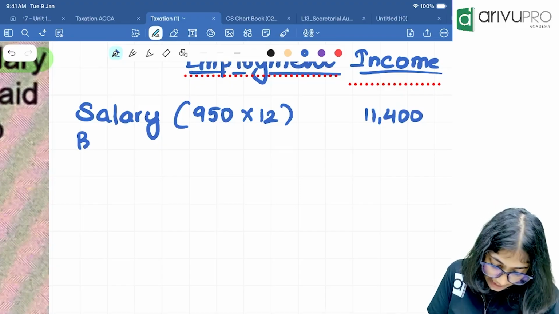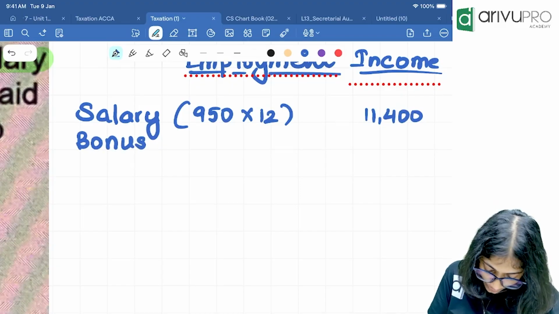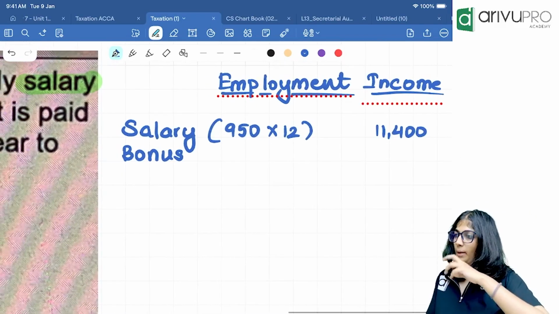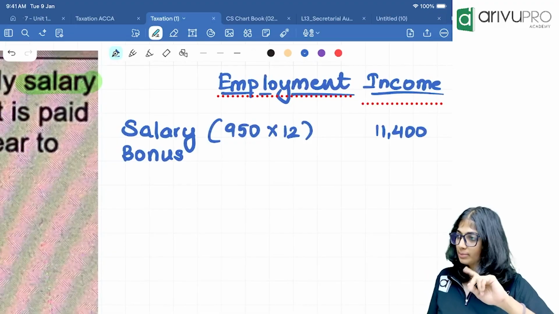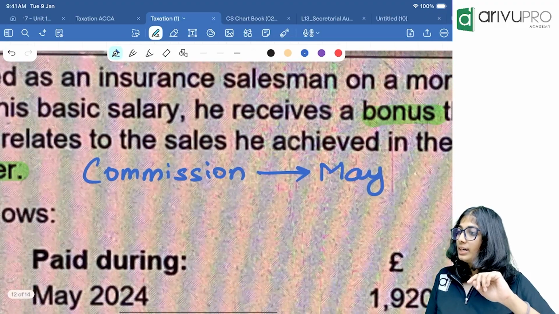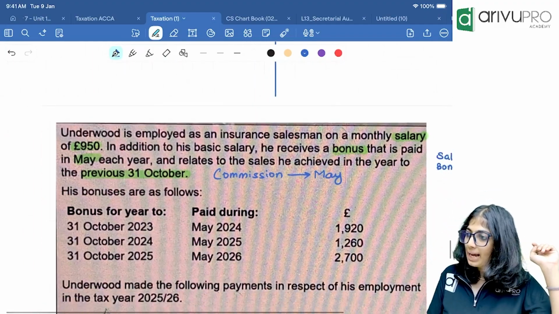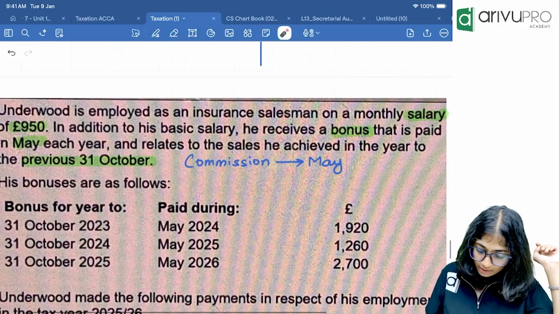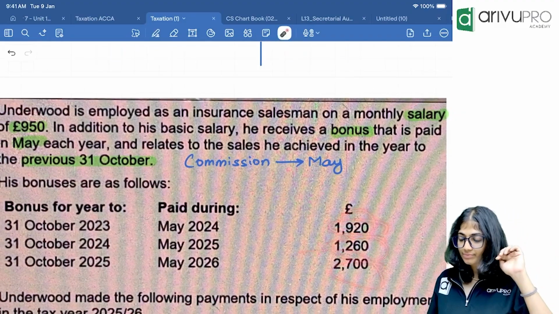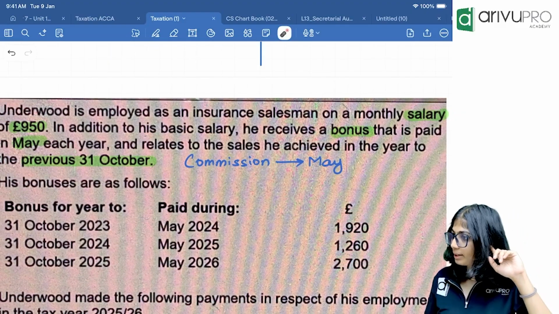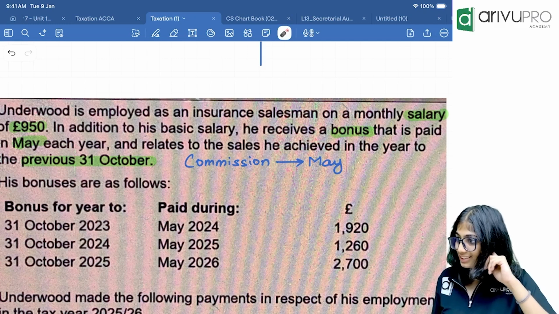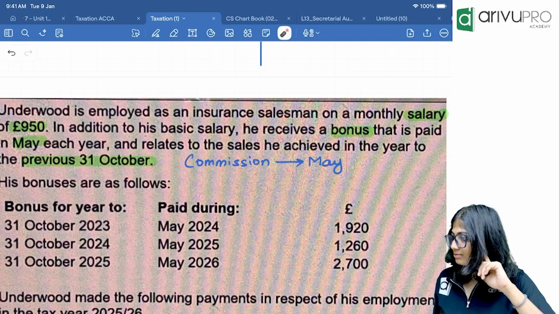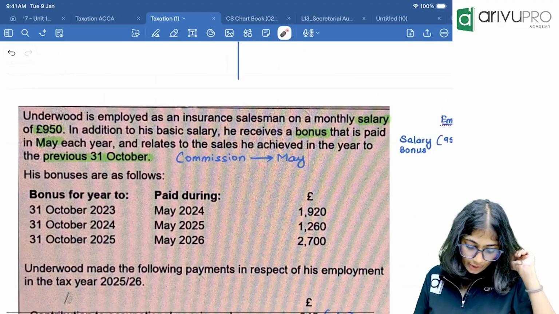Now we have to check his bonus or commission, whatever you want to call it. Bonus is also a taxable employment income. But the question here is, which number should I put? So what are you going to do here?